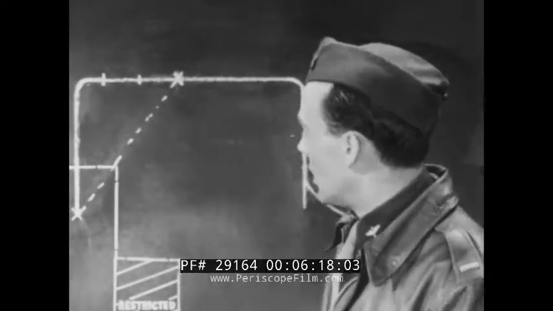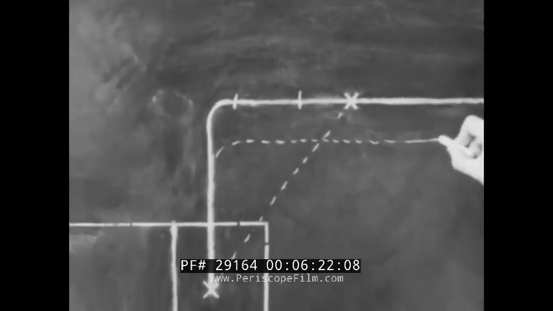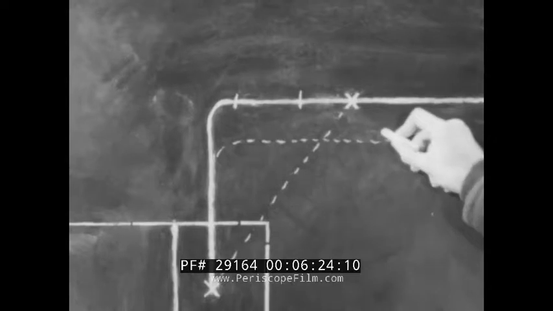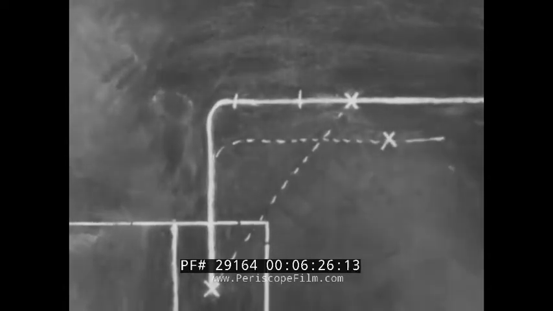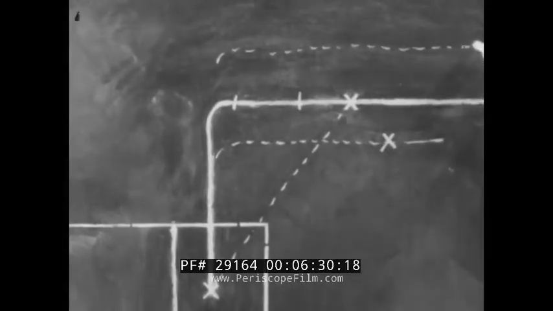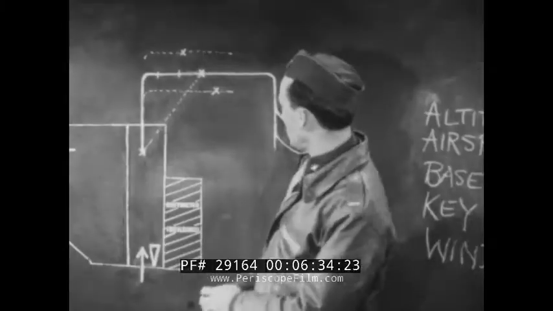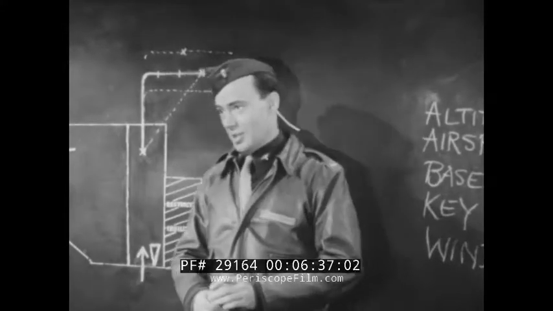For example, suppose your base leg is set too close into the field. You can correct it by moving your key point farther back. Or, if your base leg is too far away from the field, you correct it by making your key point a little closer in. However, there's a limit to all this.